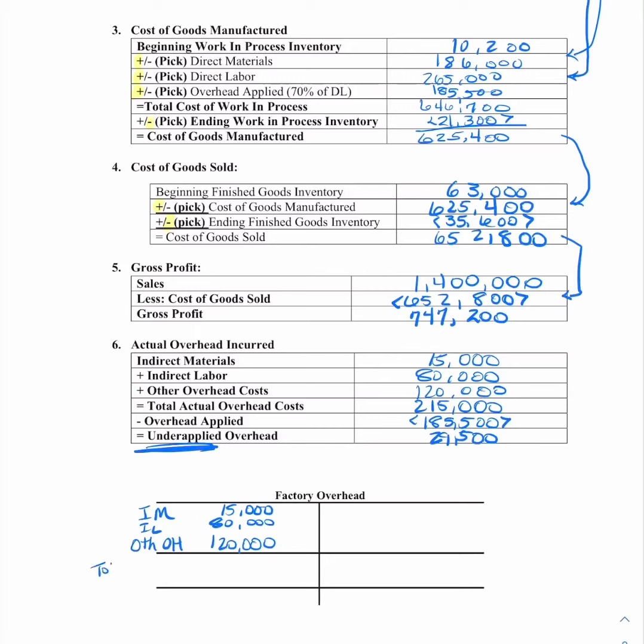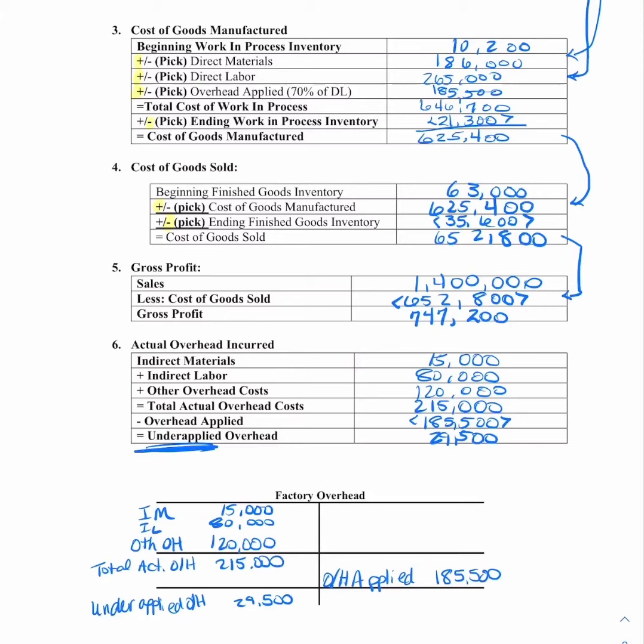This gives me total actual overhead of $215,000. But the overhead that was applied is only $185,500. This leads me to have underapplied overhead of $29,500.